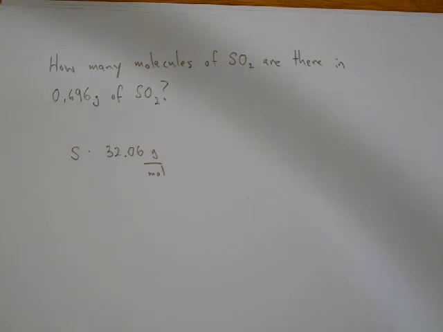Then we have to understand what a mole is. Hopefully you learned this in chemistry class, but a mole is just a gigantic number that tells you how many molecules there are. Hopefully you watched that video on what a mole is.